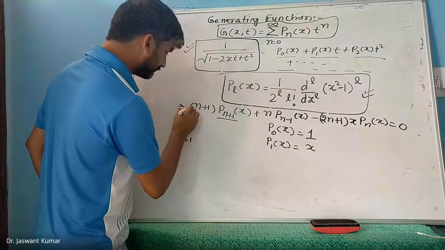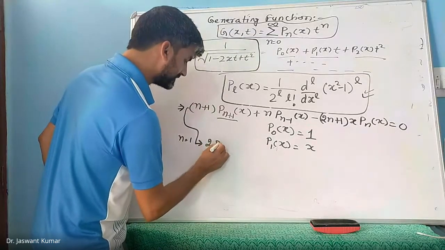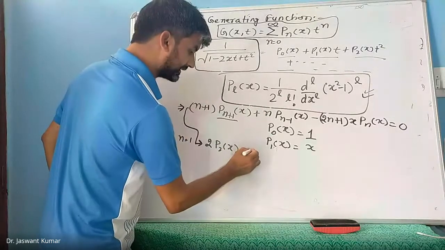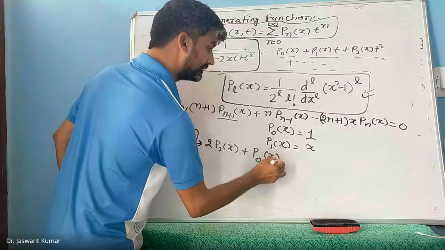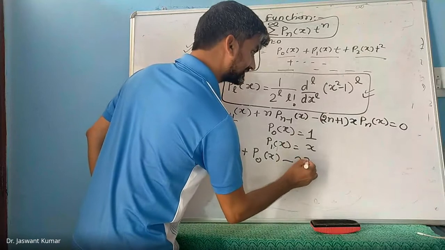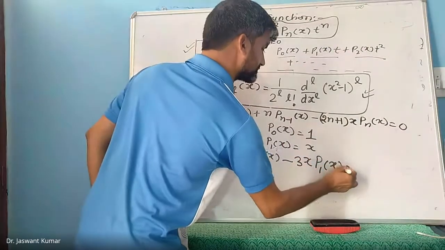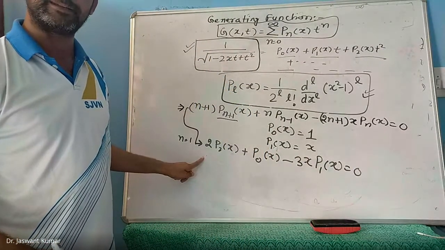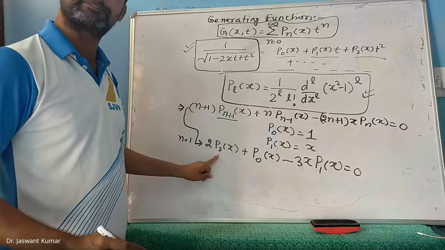For n is equal to 1, this relation becomes 1 plus 1, which is 2, times P2 of x, plus 1 times P naught of x, minus 2 into 1 plus 1, which is 3, x times P1 of x, is equal to 0. So for n is equal to 1, this is the relation that we find. We already know what P naught x and P1 x are, so let us see what P2 x is.